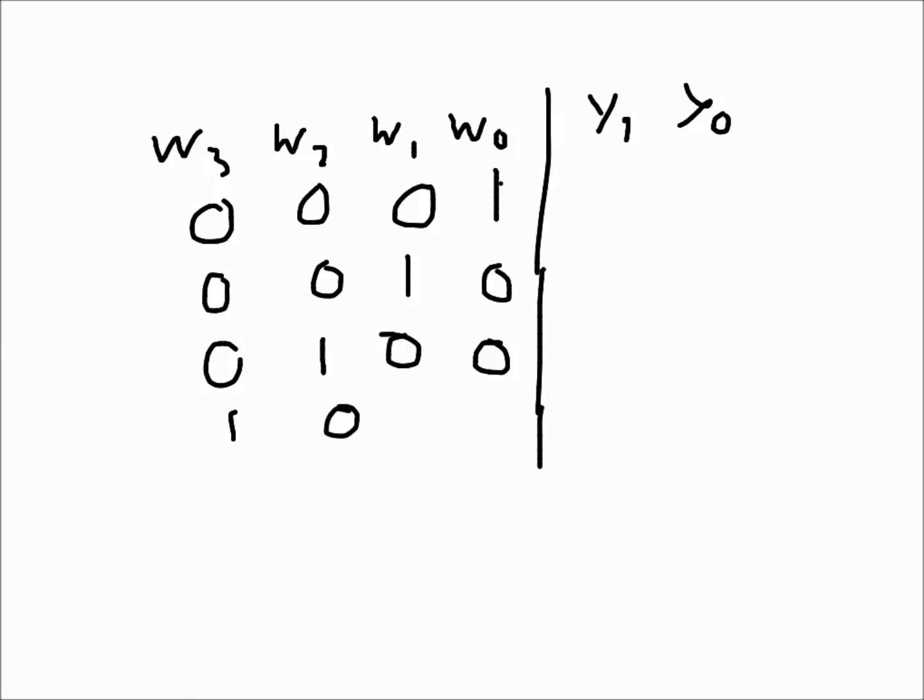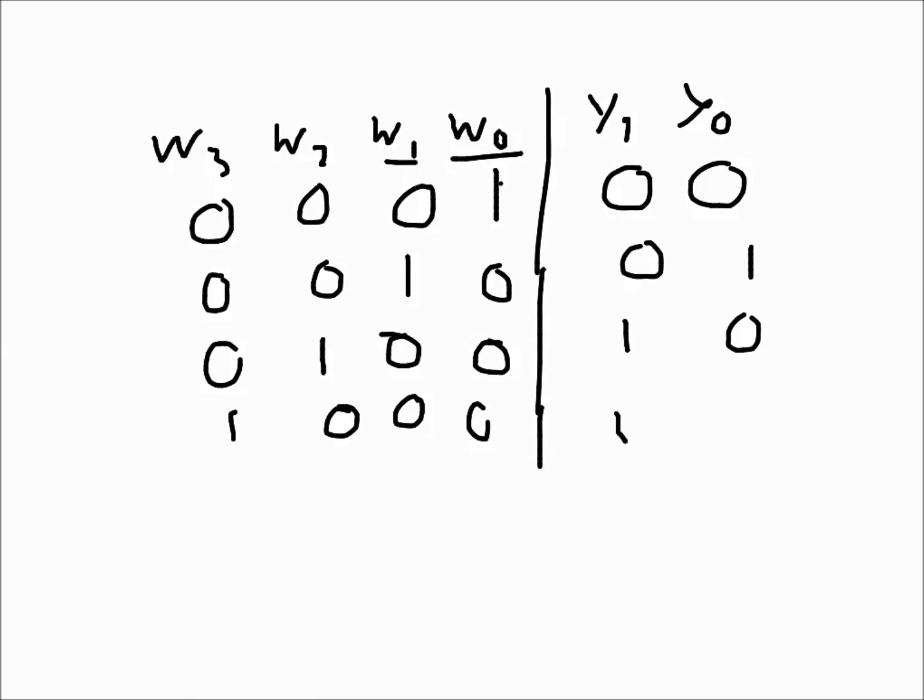When it is 0 0, this is W0, so 0. This is W1, so 1, W2, so 2, and W3, so 3.